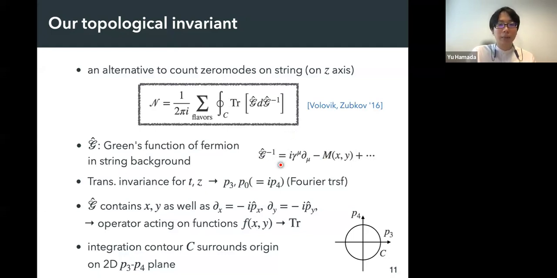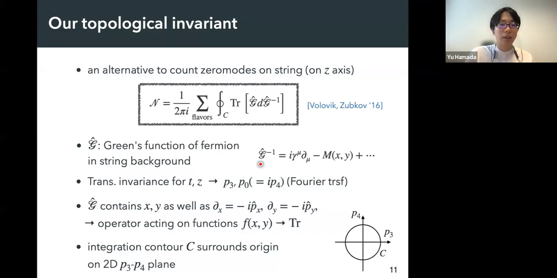Because we have translational invariance for the t and z directions, we can rewrite t and z with respect to p0 and p3. This is just a Fourier transformation. On the other hand, there is no translational invariance in the x and y directions because of the existence of the string.